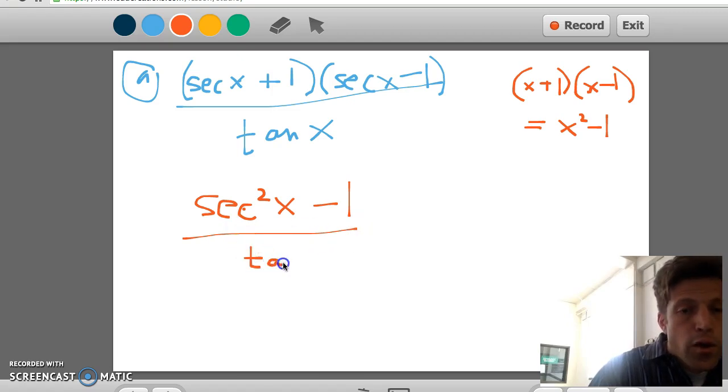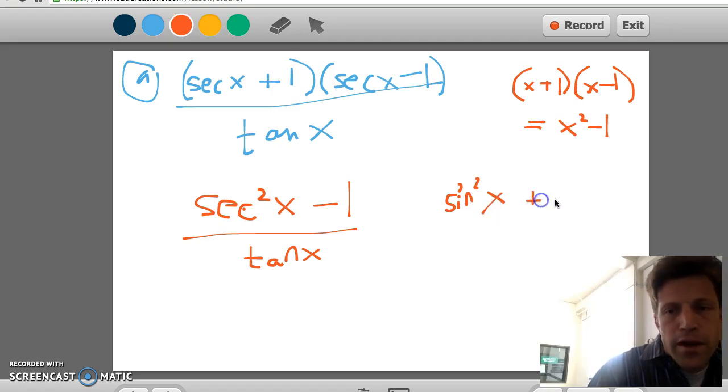Now, what were our Pythagorean identities? I don't remember the one having to do with secant squared of x. I just remember sine squared x plus cos squared x equals 1. But I remember that I got these other identities by just dividing by either sine or by cosine.